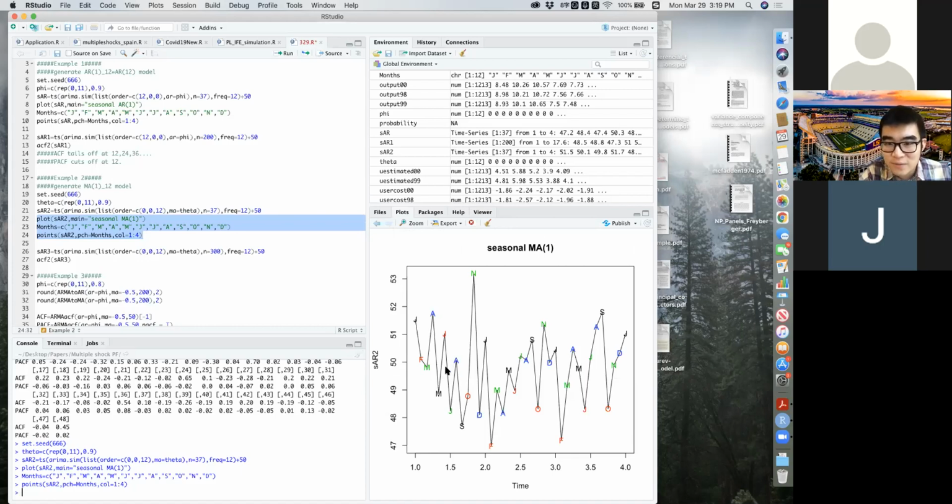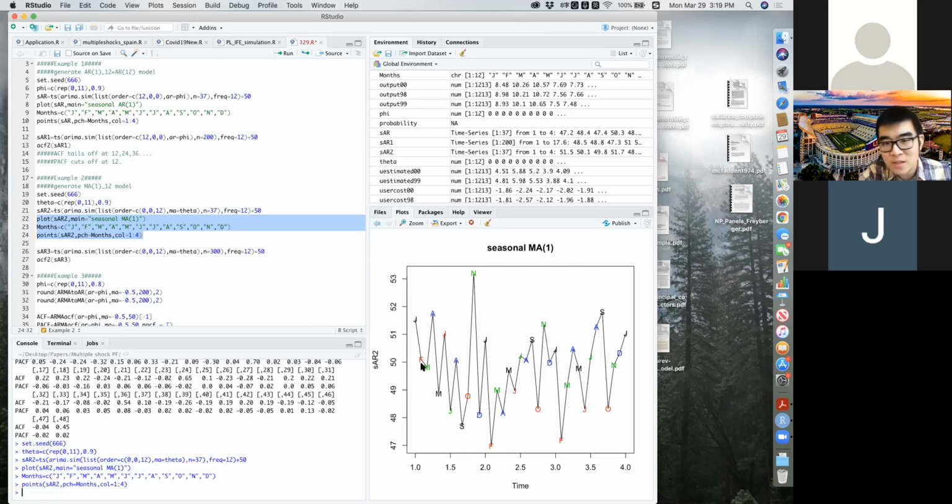For example, I think this is March. The March is here in year number 1. However, the March is right here in year number 2, and the March goes to here in year number 3. So it is not always at the bottom.